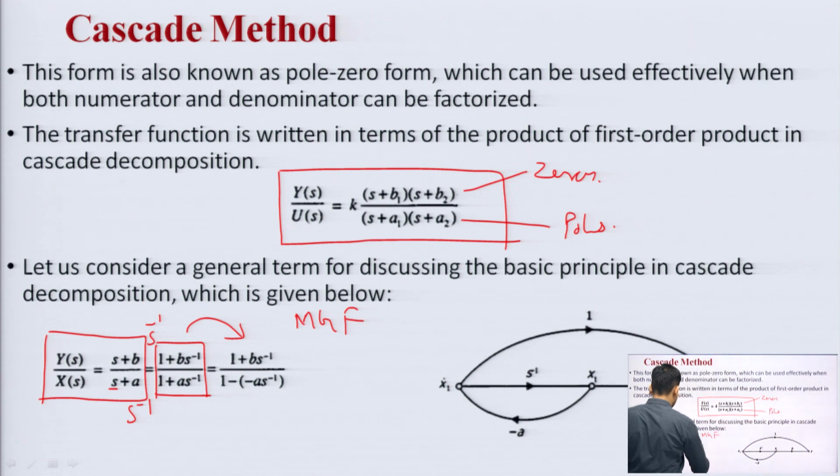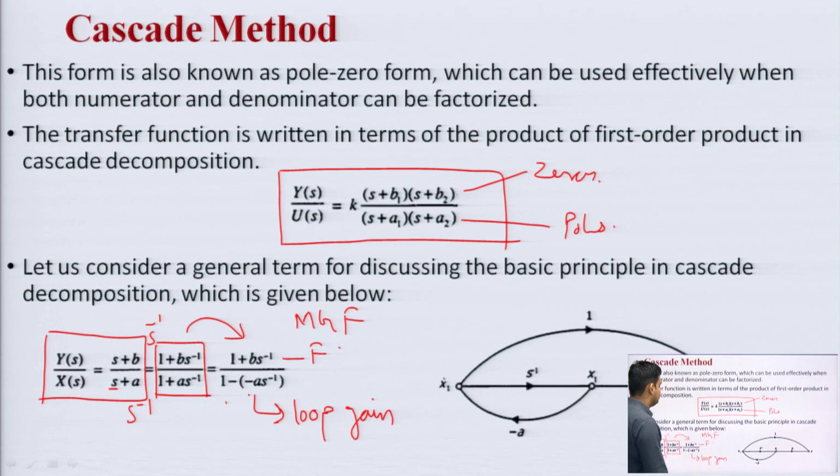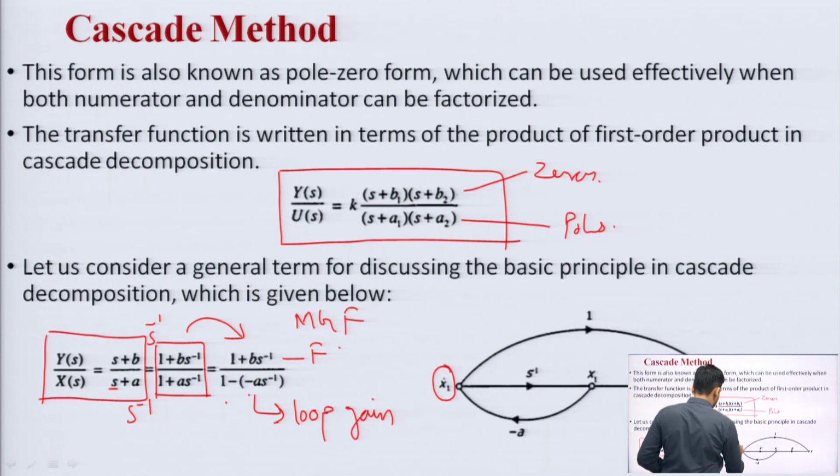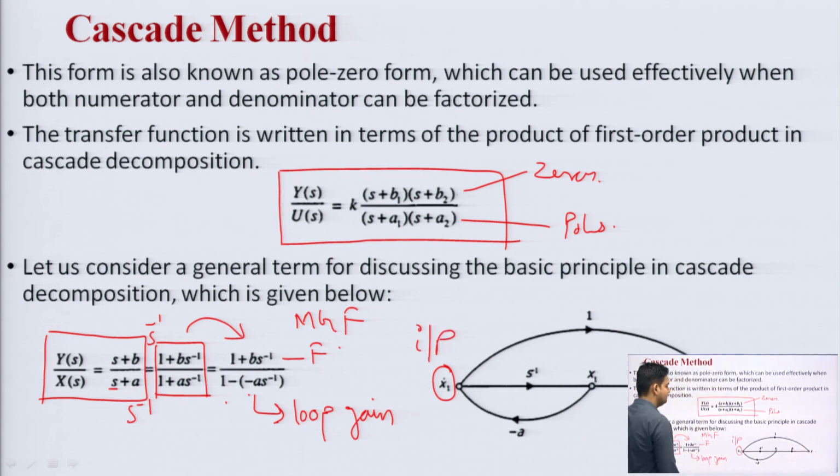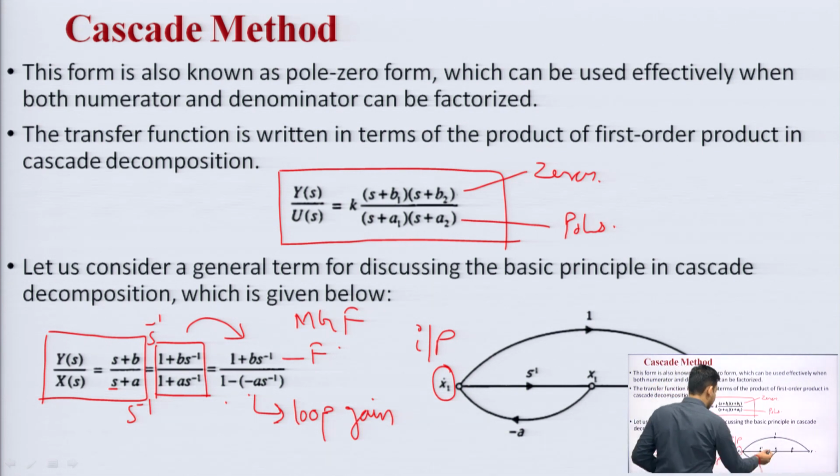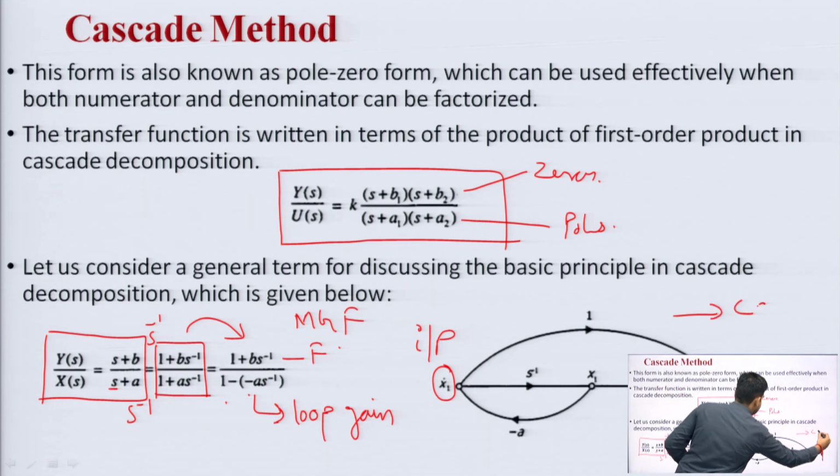Here, this will be my forward path, and for the denominator I can write 1 minus A s inverse, which gives me the loop gain. Suppose I am assuming this is my input node and this is my output node Y. Now we have to arrange our input, and I will follow the CCF format here.